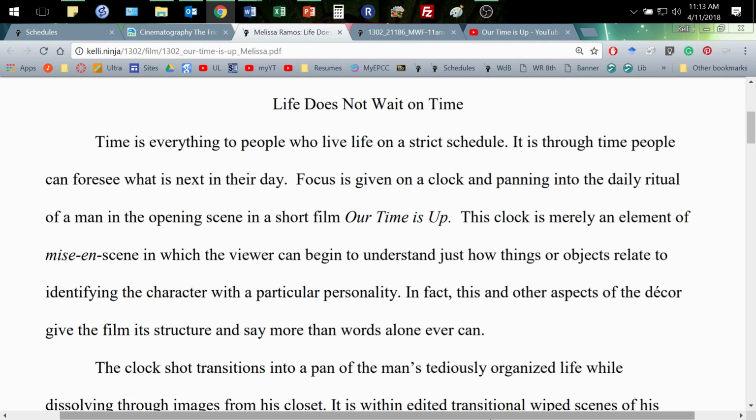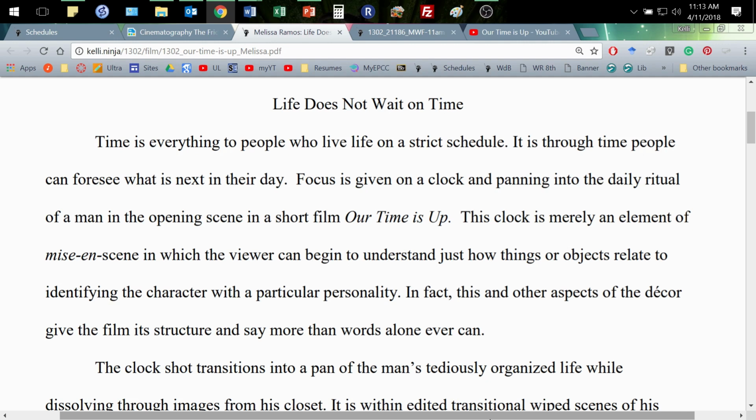In our English paper, okay, in which the viewer can begin to understand just how things or objects relate to identifying the character with a particular personality. In fact, this and other aspects of the decor give the film its structure and say more than words alone can. That's the thesis.